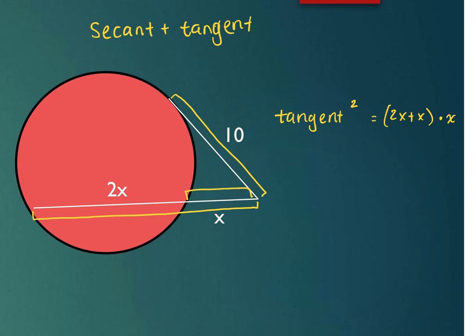So our tangent, which is 10, we square it, equals 2x plus x is just 3x times x. We're going to get 100 equals 3x squared.